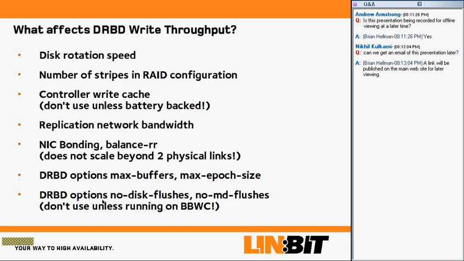That is something that we added simply because it is another measure of improved data integrity. But of course, if you're using something like battery-backed write cache, you're, in essence, double-barreling in terms of data security. So we now have the option of reducing that double security to single security, where we allow you to disable these flushes for disk writes on the secondary and for metadata writes on both nodes, because you can rely on your controller write cache to be non-volatile, which means that it must be battery-backed.